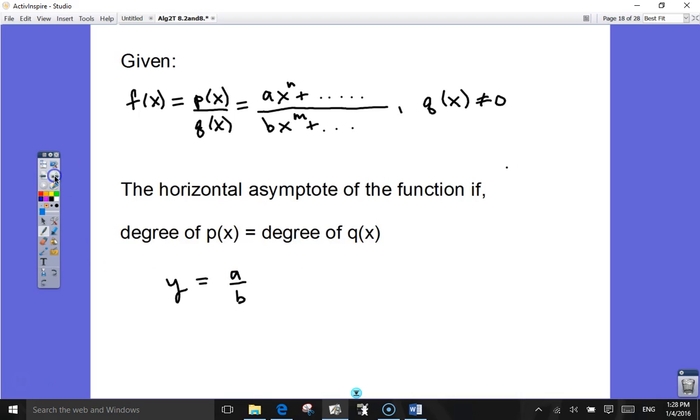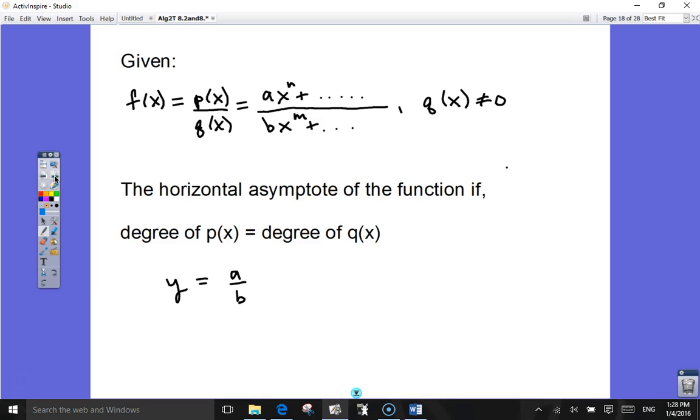Okay. And we need just a little more information then. So if you have a polynomial in the numerator and a polynomial in the denominator, if the degrees, the n and the m, are the same, then it'll be y equals the ratio of the coefficients of the leading terms. Y equals a over b.